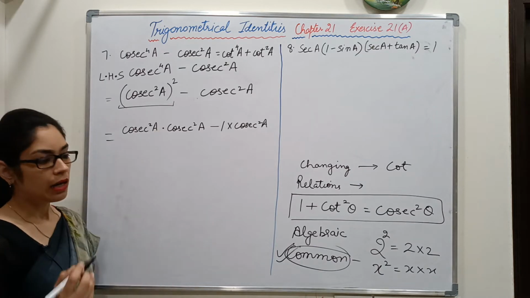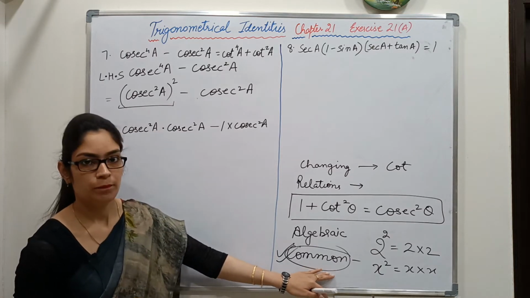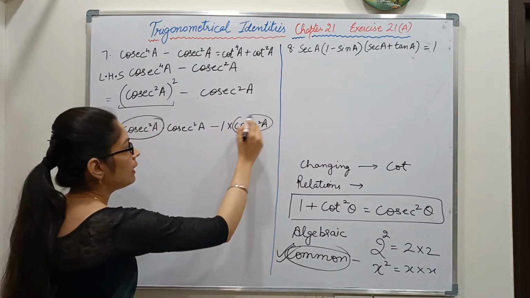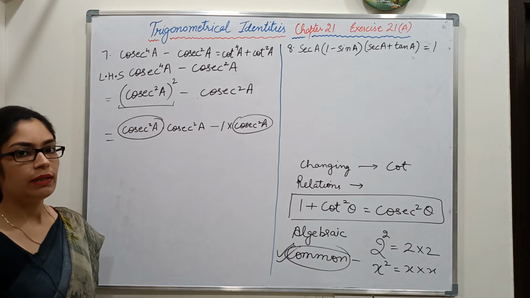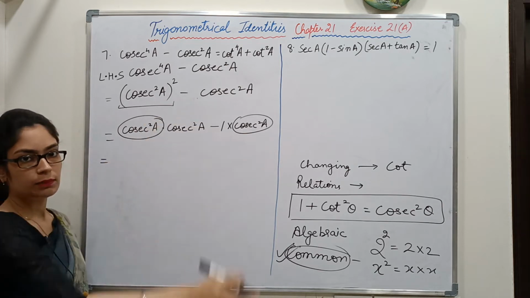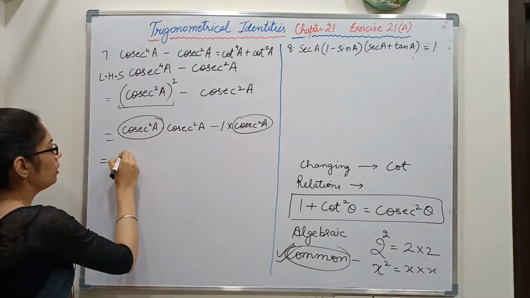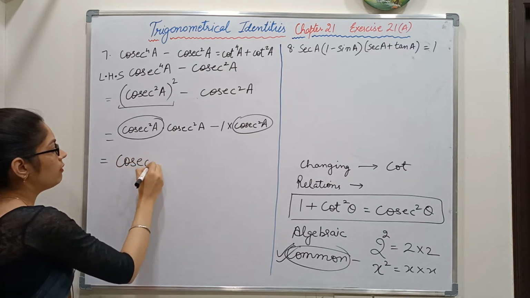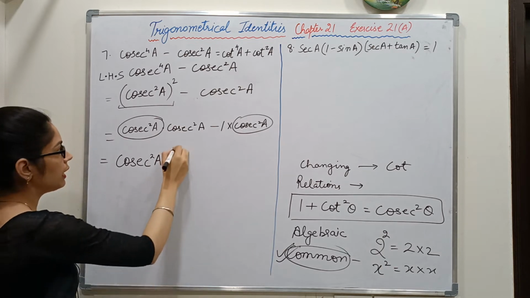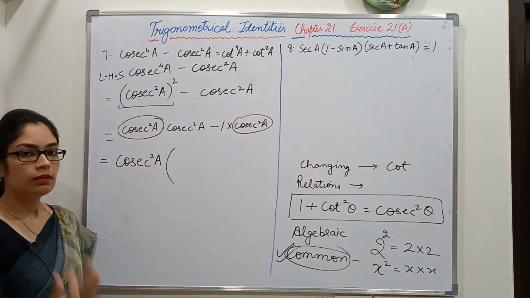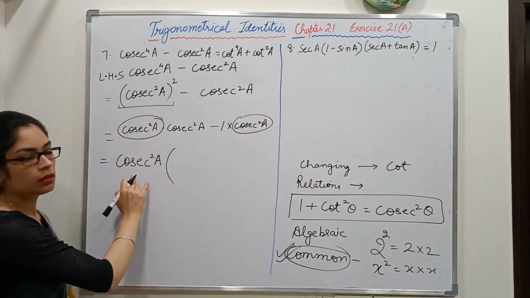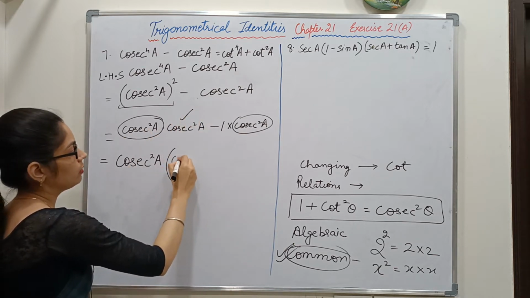Now let's take out common. You can see cosecant square A is present in both. Whenever anything is present in both the expressions, we can take it out as common. So I will write cosecant square A outside, and now let's write the things which we are left with inside.